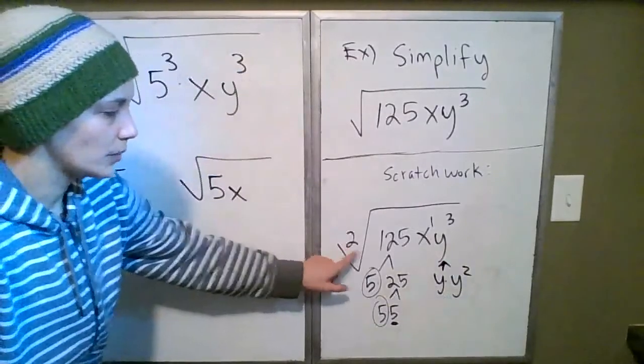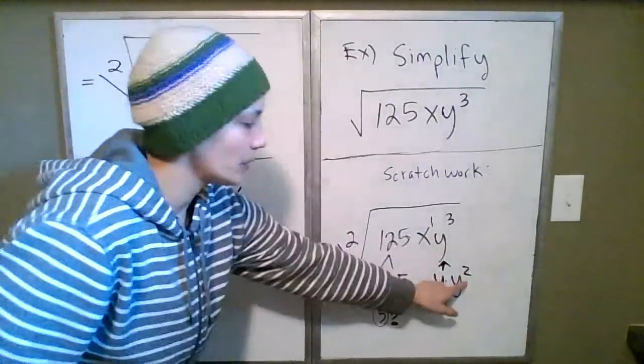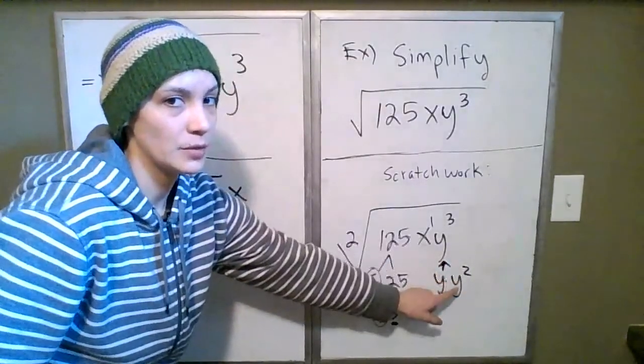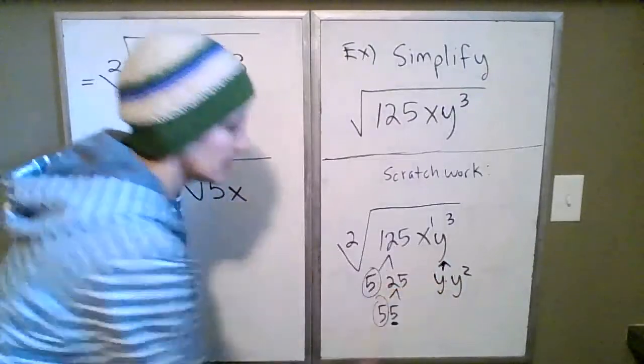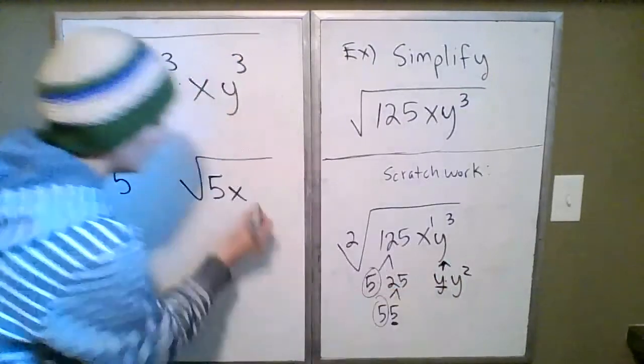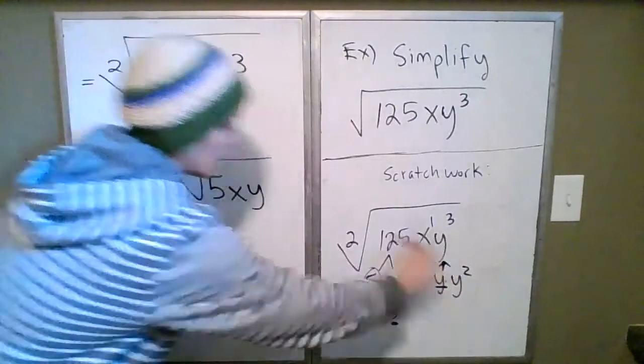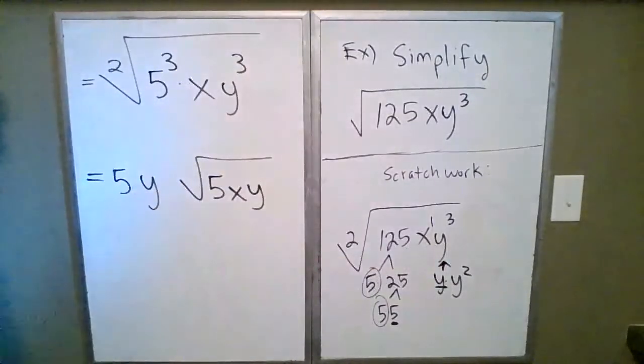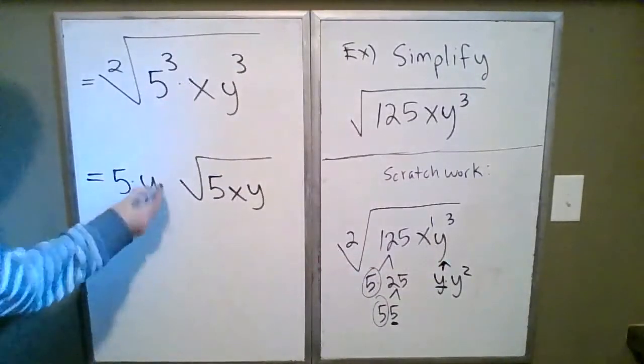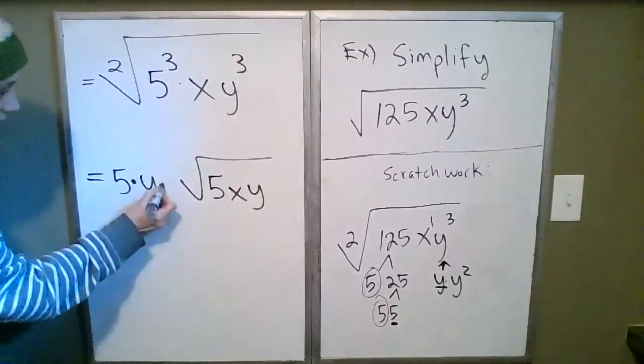So that power and that root will undo each other, and you can bring out this y, but the other y has to stay under the root right here. This comes out of the root right there. It's all multiplied together.